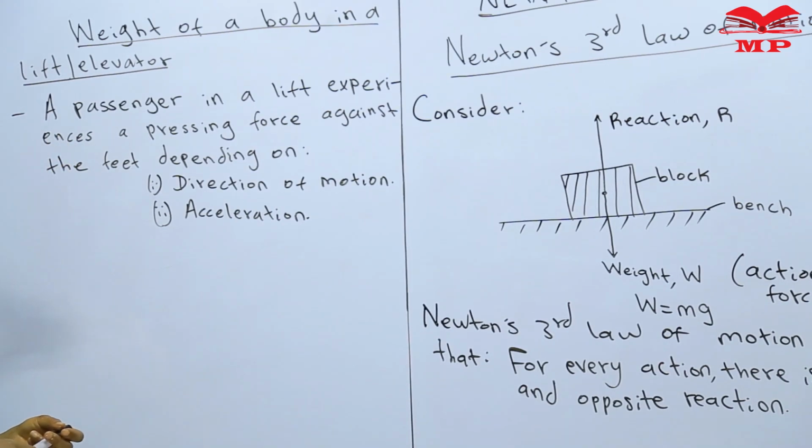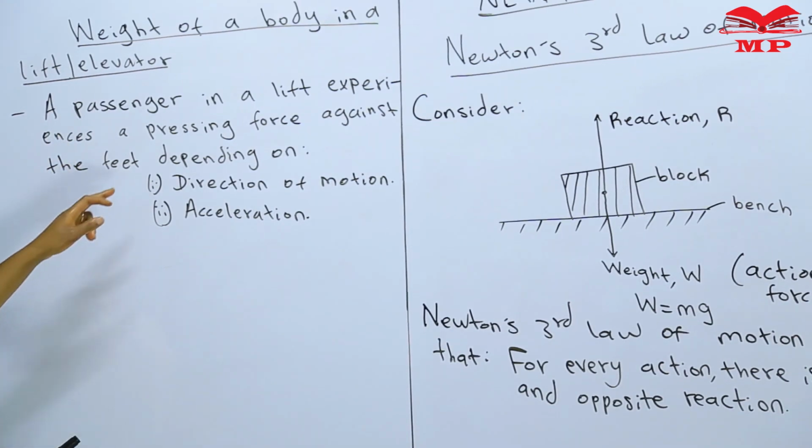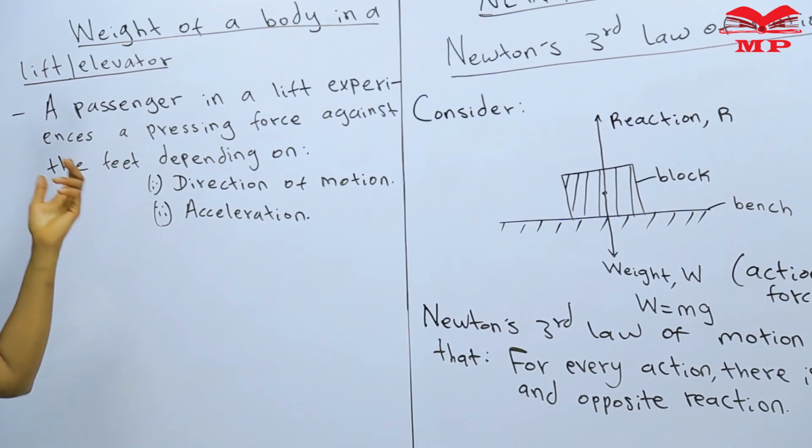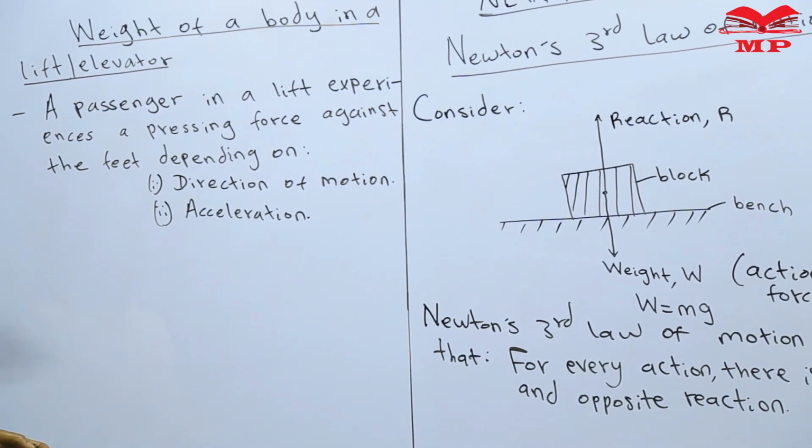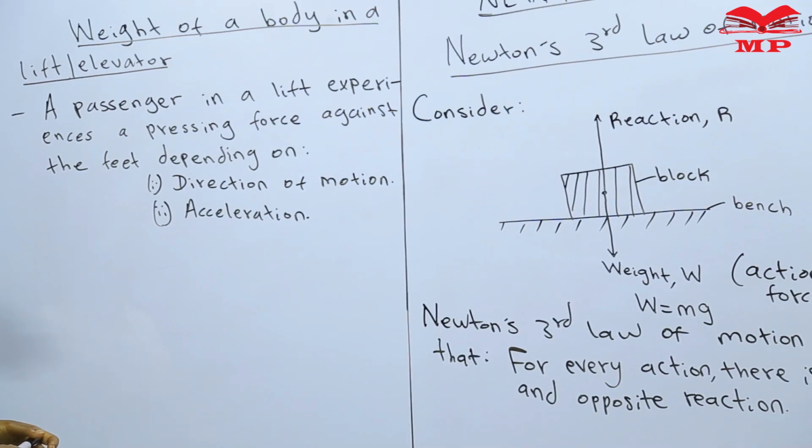The pressing force is not the same for a lift that is moving upwards and another one that is moving downwards. So a passenger in a lift will experience a pressing force against the feet depending on the direction of motion and also depending on the acceleration.